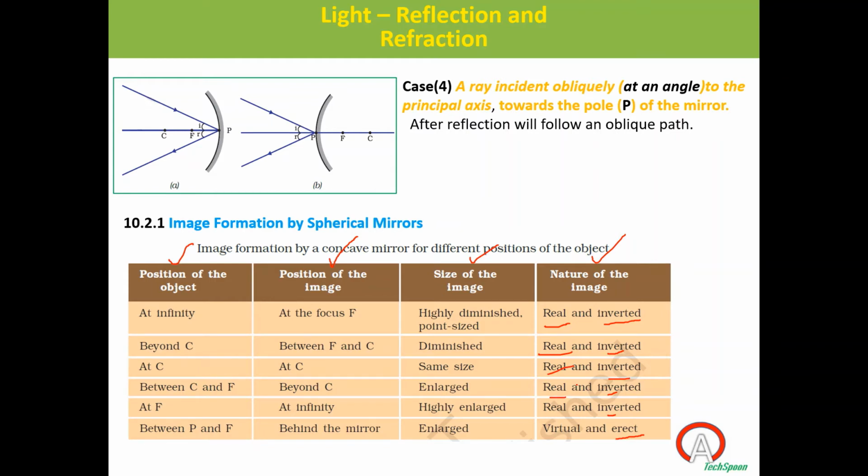All the 5 cases you can see a real image on the paper. If you are not able to see the image on the paper, then actually there is no image on the paper.